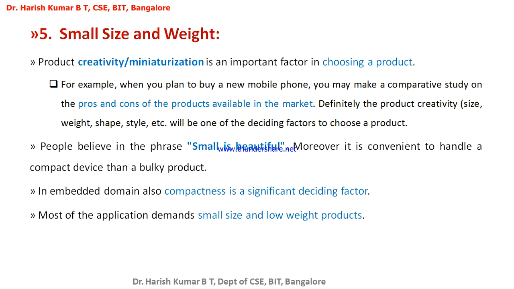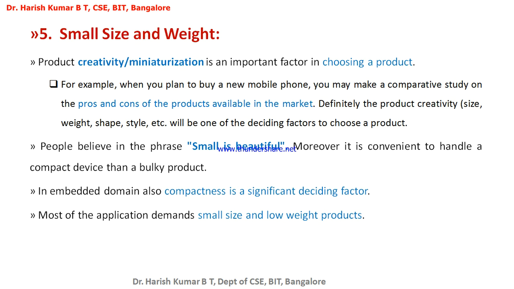So miniaturization is an important factor in choosing a product. When you want to buy any embedded system or product, including your cell phone, the first thing you look at is small size and light weight. If you want to buy a mobile phone for yourself, you will do a comparative study and understand the pros and cons of the various products available in the market.